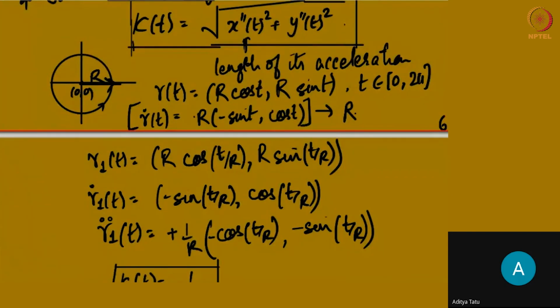Yes. Whereas, let's say Divyansh's motion is described by gamma 1. Okay, so what is the speed with which Divyansh travels? 1. But are they traveling on different paths? No, sir. So we cannot rely on the length of the velocity vector, right?